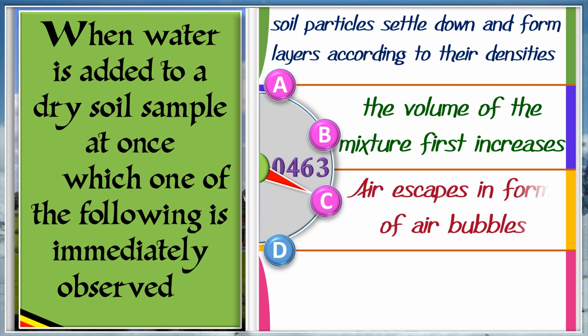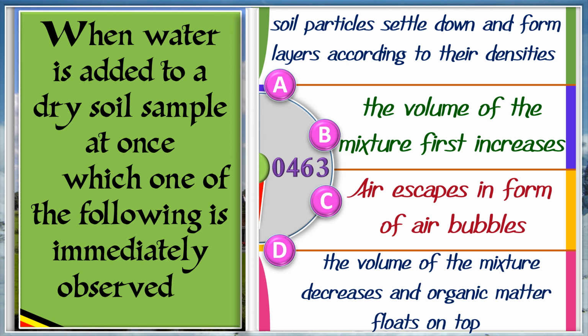C. Air escapes in the form of air bubbles. D. The volume of the mixture decreases and organic matter floats on top. And the answer is B. The volume of the mixture first increases.